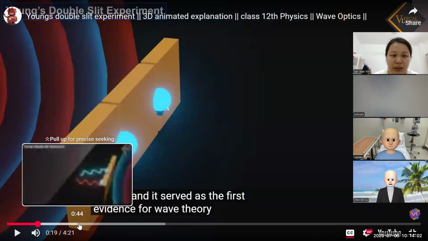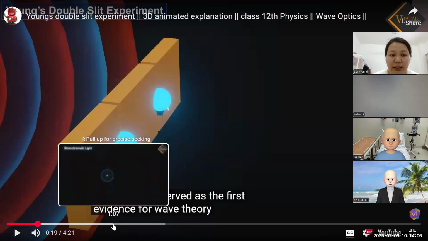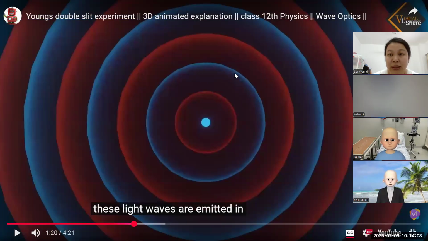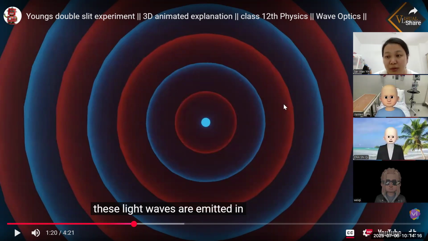Last year we did this for water waves only. So we will see an interference pattern, which is one crest, one trough, one crest, one trough.